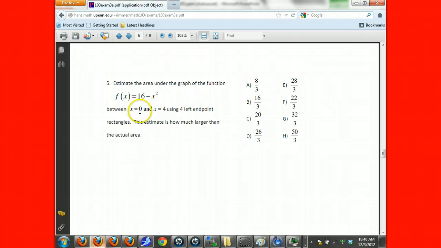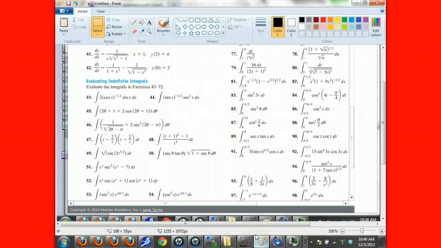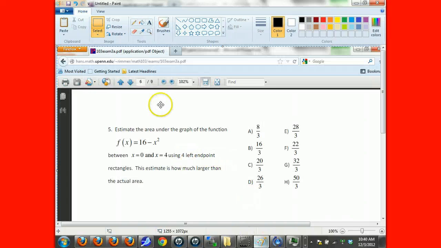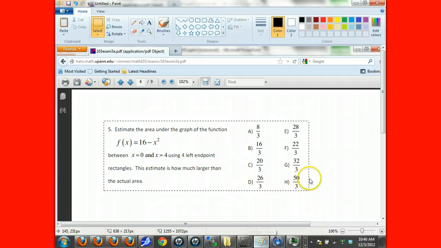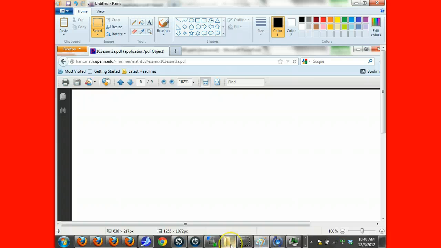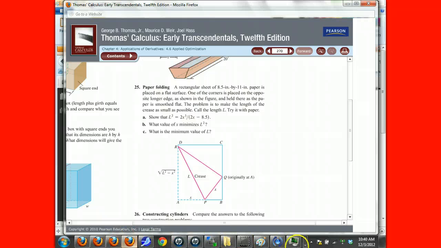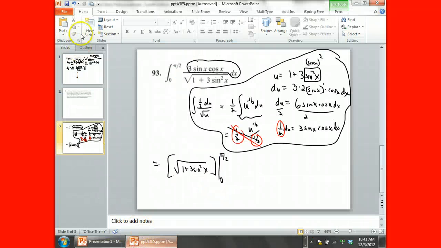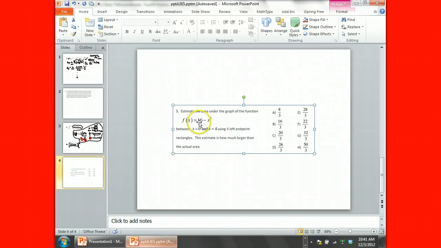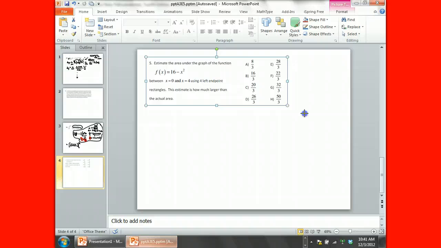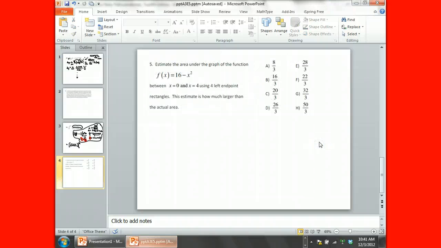Anyone like to see the execution of this one? Which part? The approximation? The actual was just a straightforward integral. Let me talk you through the approximation. We're talking about taking 0 to 4 and cutting that interval into 4 subintervals, and on each of those subintervals, using the left endpoint.